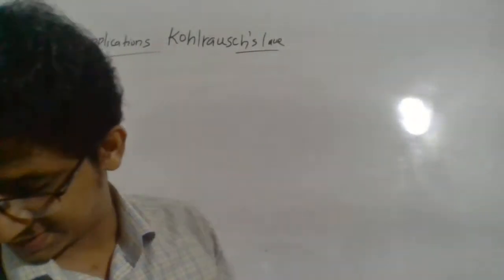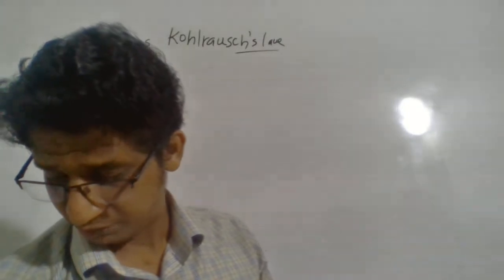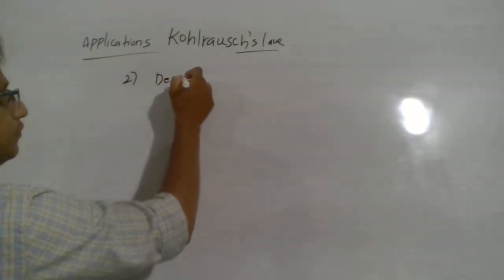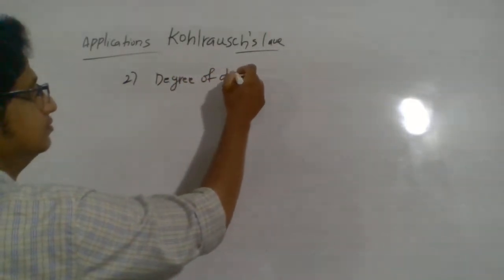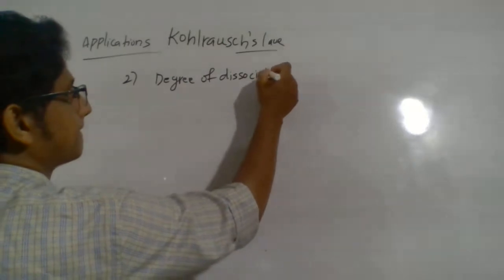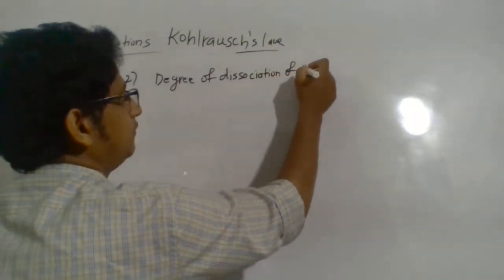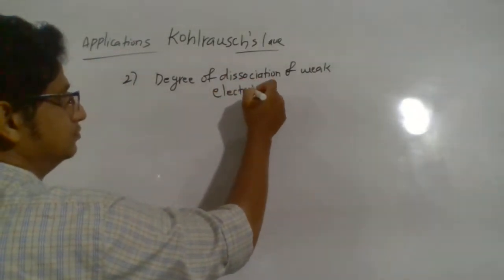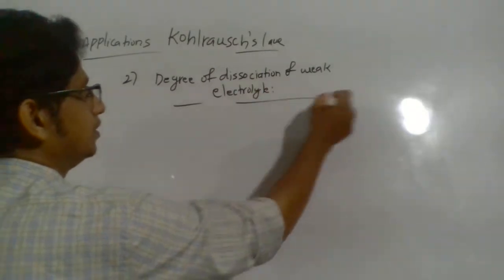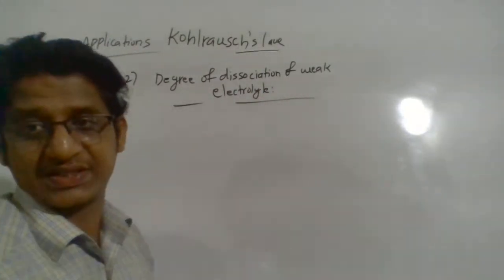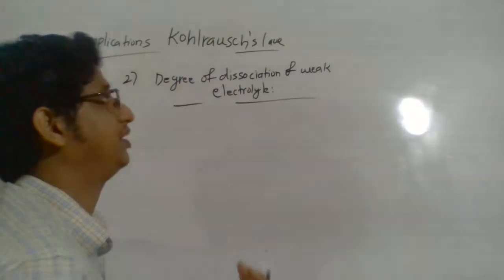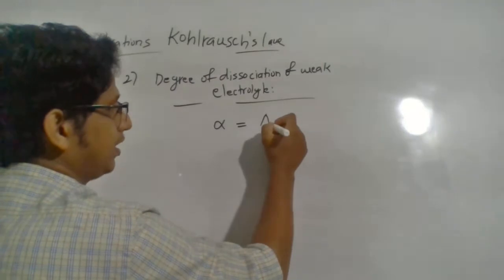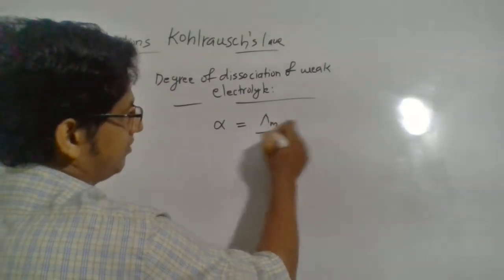Talking about the second application, calculation of degree of dissociation of a weak electrolyte. For a weak electrolyte like acetic acid, you can still find the degree of dissociation by alpha is equal to lambda m divided by lambda m0.